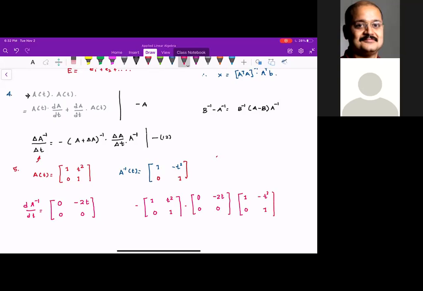So I want you to just verify the derivative for A inverse, and you should be able to get dA by dt.